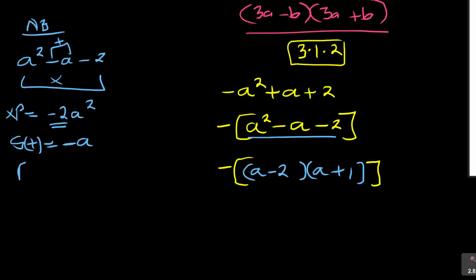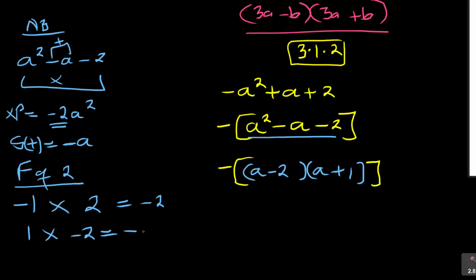In other words, I look for factors of the product. What are the factors of 2? It's 1 times 2. That's all. Now remember, when I multiply 1 times 2, what are the signs? It can be minus 1 times 2, which is negative 2, or 1 times minus 2, which gives me negative 2.